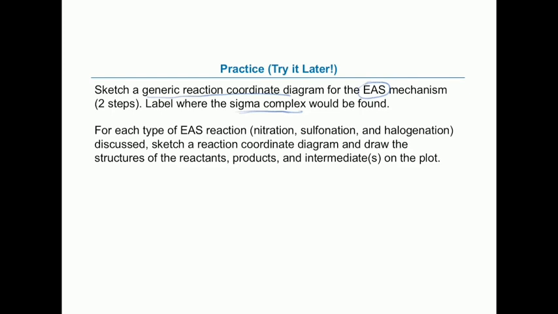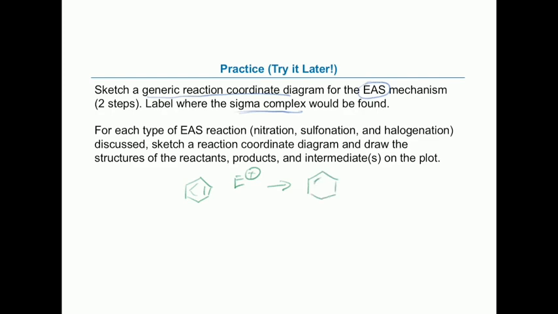Now, we want you to go through each of the ones we've shown, nitration, sulfonation, halogenation, sketching this reaction coordinate diagram, drawing the structures that you might see, and trying to be as explicit as this to really ground all the different things that might be happening. So in general, the overall generic mechanism is our aromatic compound, some very powerful electrophile forms our sigma complex.